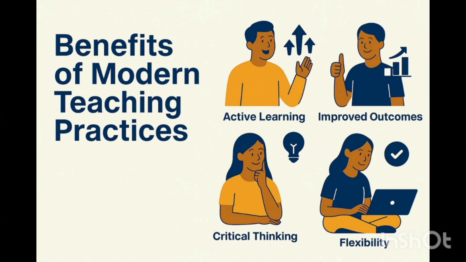Next point is enhanced accessibility and inclusivity. Technology can break down barriers and cater to diverse learning needs. Yes, this is also very important. Then, deeper understanding and retention. Active learning methods lead to more meaningful and lasting knowledge. Then, teacher efficiency and innovation. Tools can streamline tasks and empower teachers to be more creative and effective.